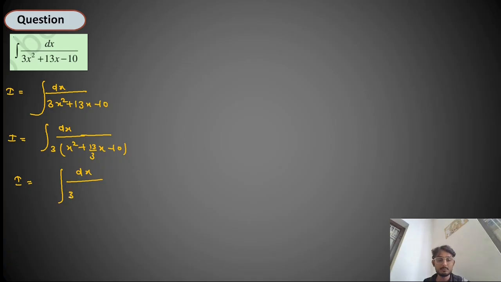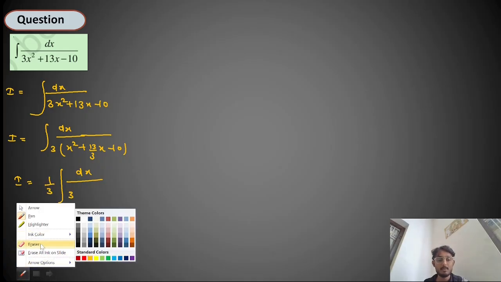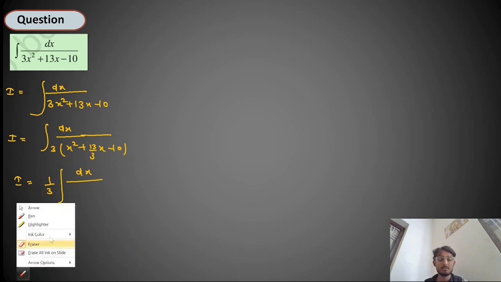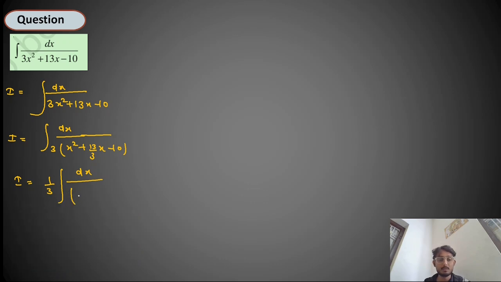3. You can take 3 outside the integration sign because it is a constant term, and here x square plus 13 upon 3 x plus 13 upon 6 whole square minus 10 minus 13 upon 6 whole square.